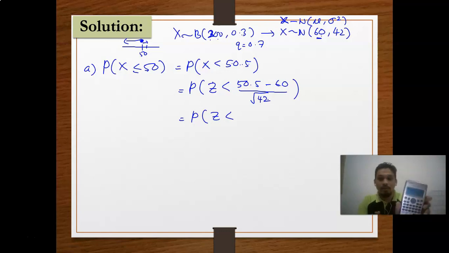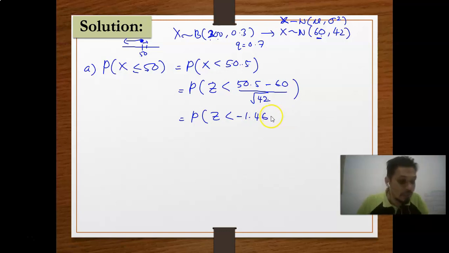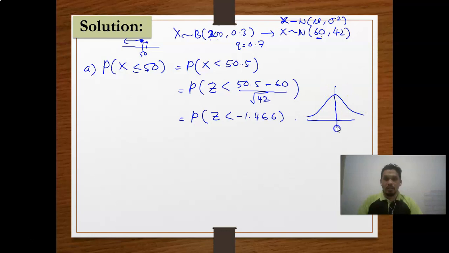As you can see on the screen, this equals negative 1.466, so Z less than negative 1.466.